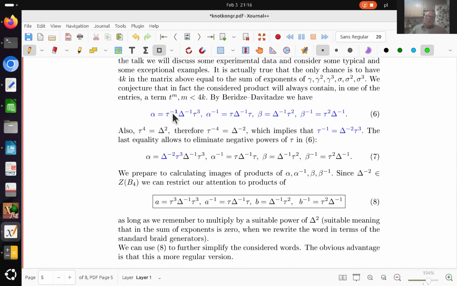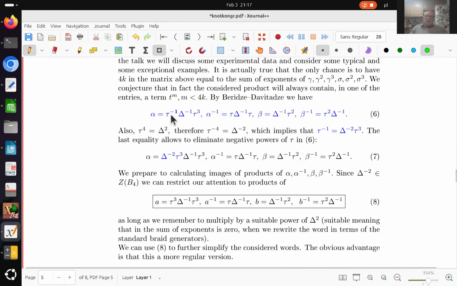You have tau inverse here. But we can easily resign from that because we have already observed that tau square is equal to delta square, which implies that tau inverse is delta to negative 2 times tau cube.